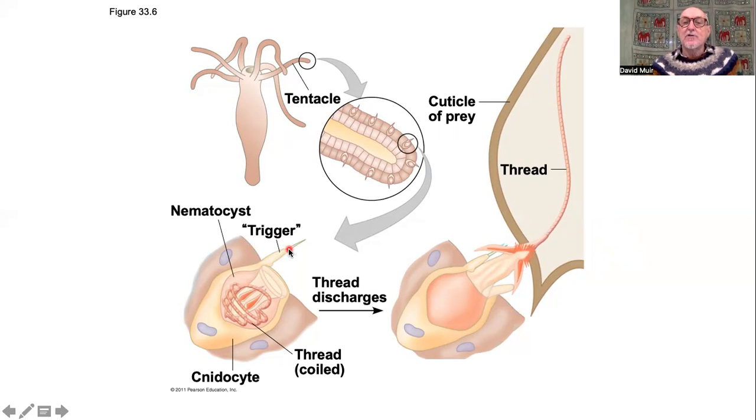If you touch the trigger, it discharges very, very powerfully. And it can actually embed itself into the tissue. And there is a sac of toxin which is discharged. And those toxins can be extremely powerful. Very often, they will start to break down cells. They are enzymatic, and they'll start to break down the cells that they come in contact with. So both for predation and for protection.